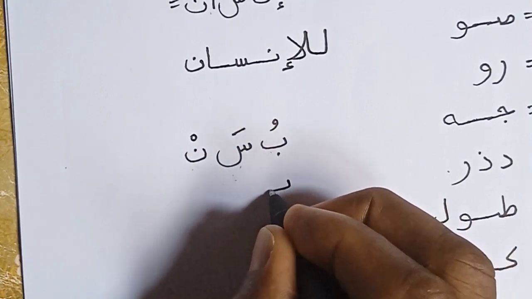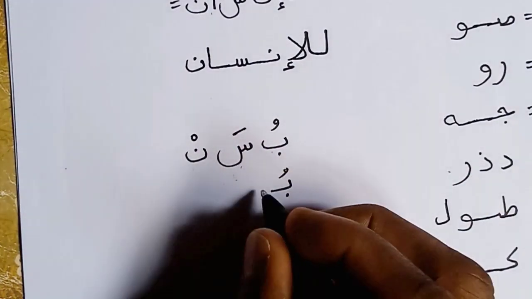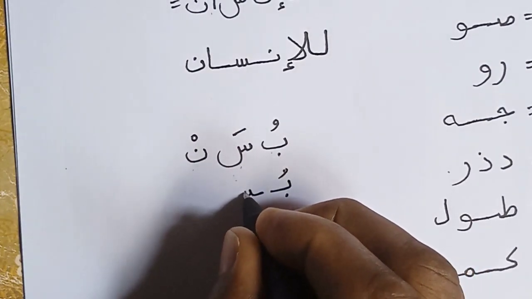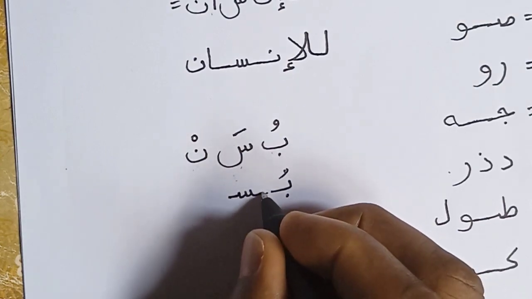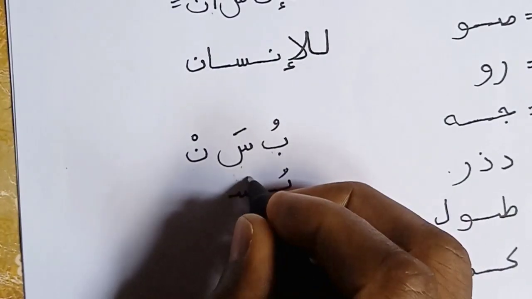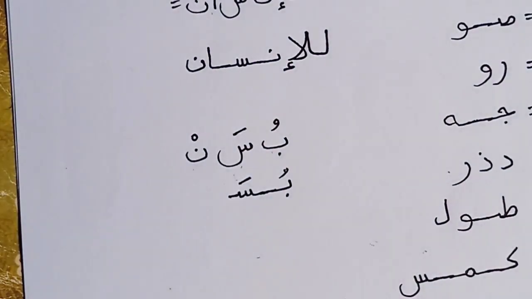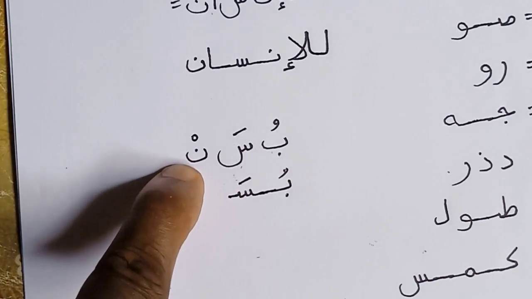It will now be ba with the dhamma sound, then sin. So in this case, we have that the sin is joined with the bu, and we introduce the fatha, but it remains the word, the nun sukun.